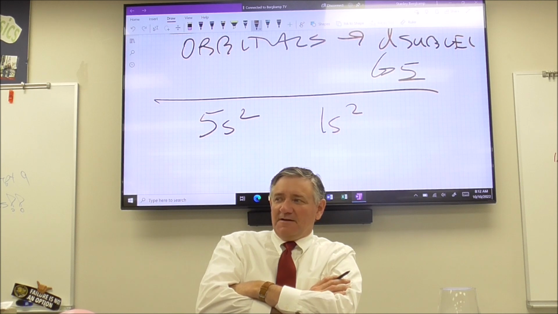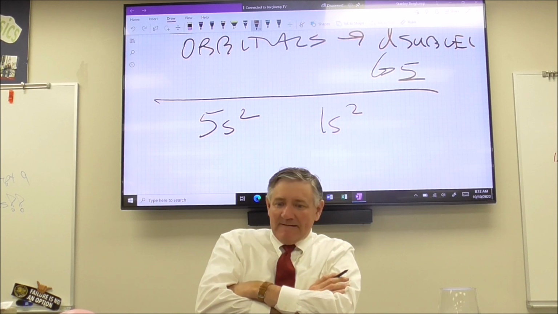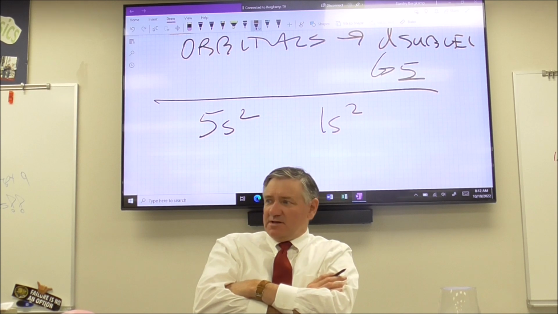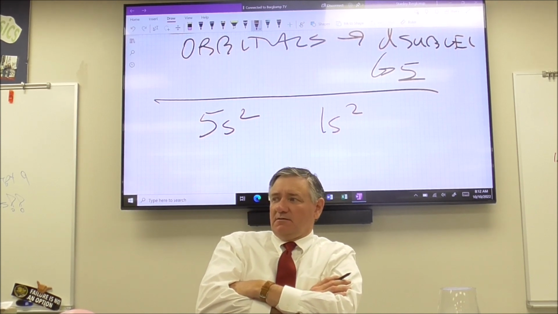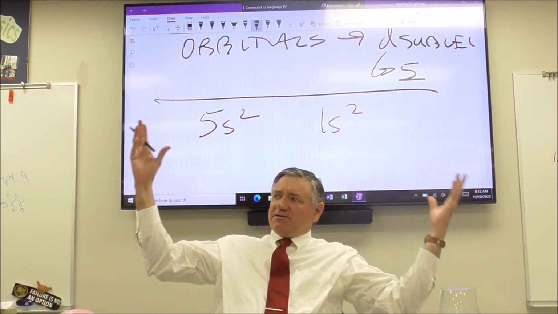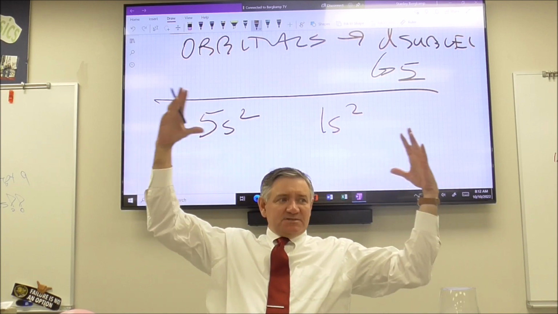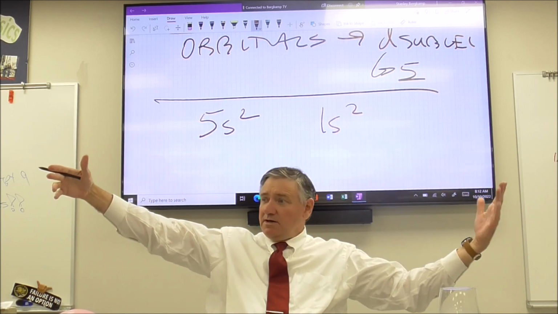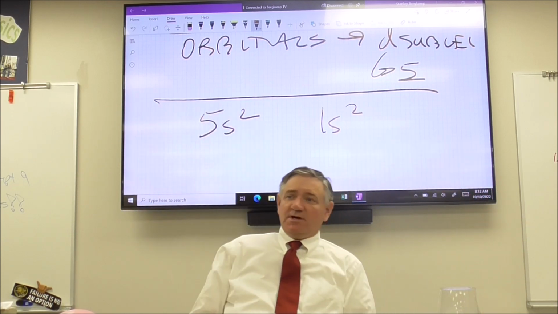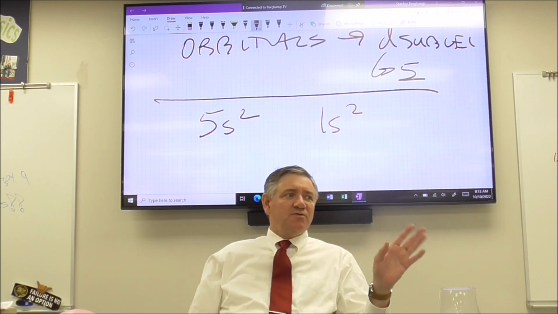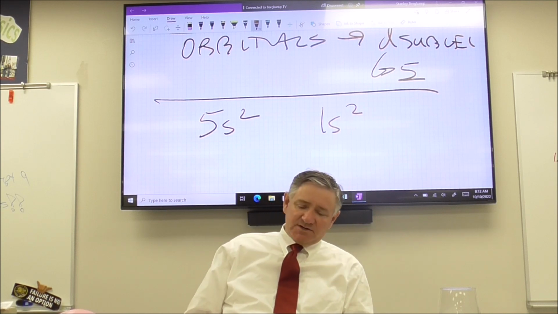Which one's farther from the nucleus, 5s or 1s? 5s. It's a bigger layer to the onion. Even though it's a much bigger onion, it still only holds 2 electrons. That's the cool thing about it.